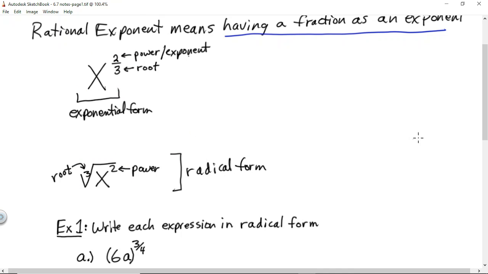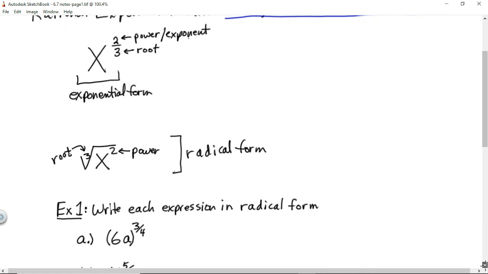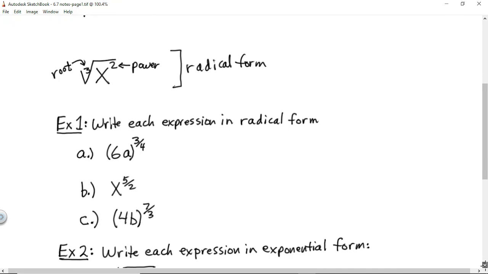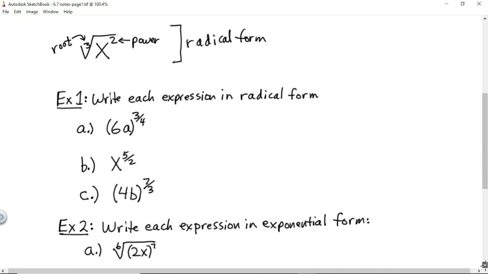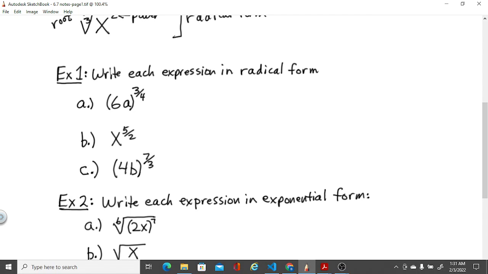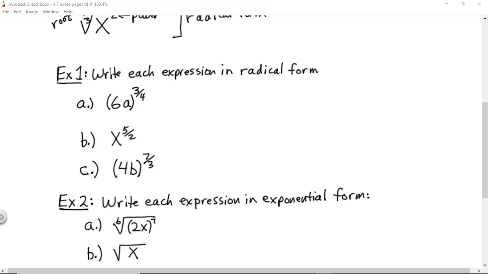So in these examples, we're going to change from exponential form to radical form. And remember, all we do is write it as a radical with the denominator being the root of that radical. And then the numerator of our fraction, this is the fraction, right? The numerator of that fraction is the exponent. So here we go.